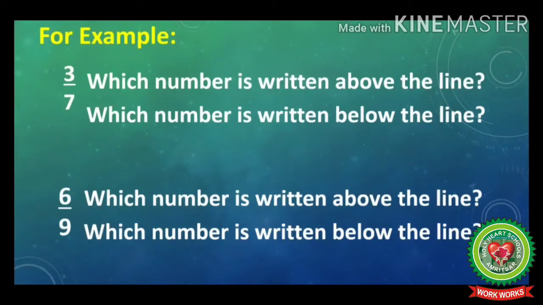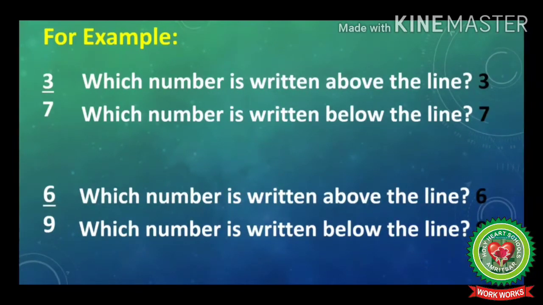Now children, you will answer: what is written above the line? 3. And which number is written below the line? 7. In the second example, the number above the line is 6 and the number below the line is 9. I think you are clear with it. Now we will write numerator and denominator.